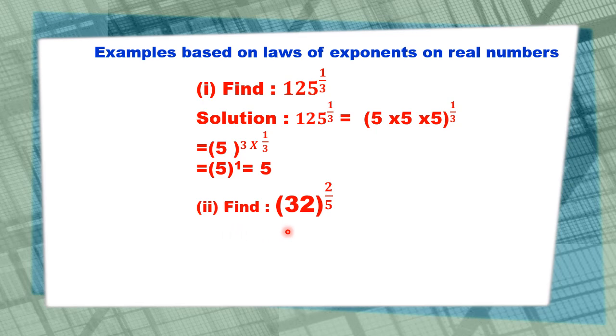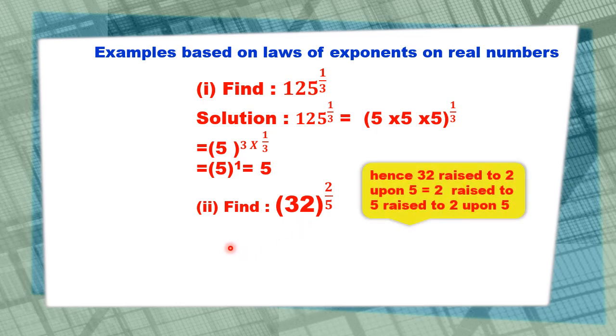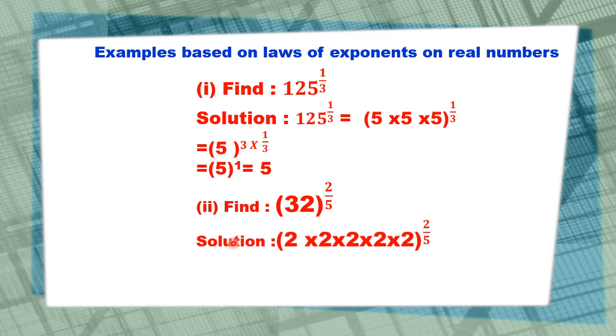Yes, 2 into 2 into 2 into 2 into 2, means 2 will be taken 5 times. Here you can see we have taken 2 five times. Raised to 2/5.